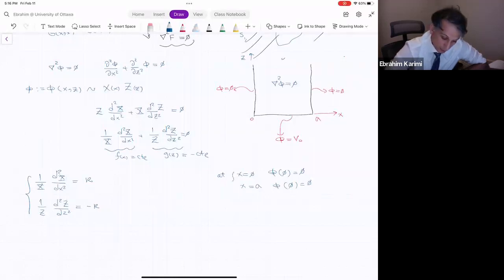What about the z direction? At z equal to 0, the potential is, let's say, V0. But we don't know what is happening as z tends to infinity.